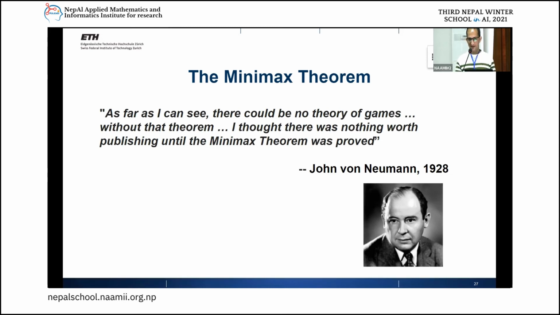So in the min-max game, there exists a theorem, and John von Neumann has famously said that as far as I can see, there could be no theory of games without that theorem. I thought there was nothing worth publishing until the min-max theorem was proved. So this happens to be a very crucial idea, that the adversarial way of modeling, learning, seeing the world is very crucial.